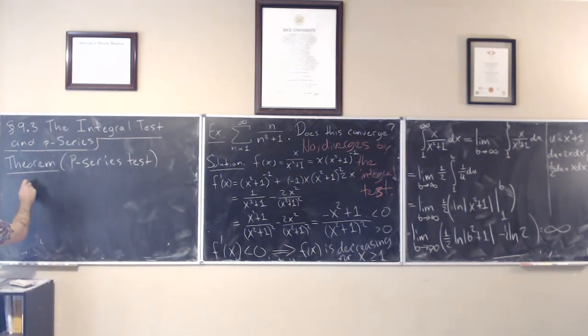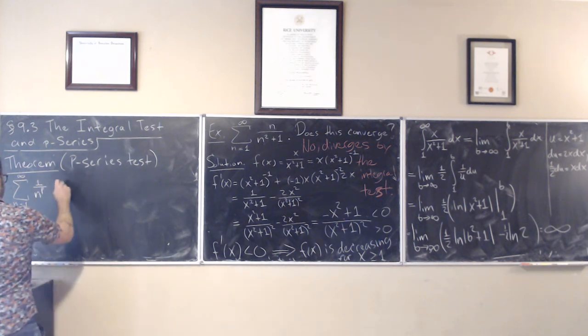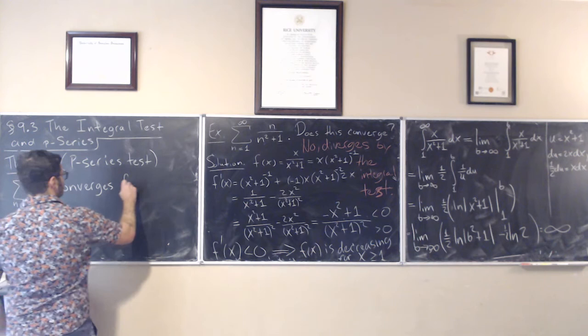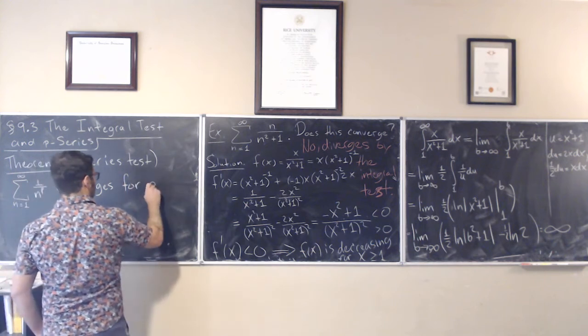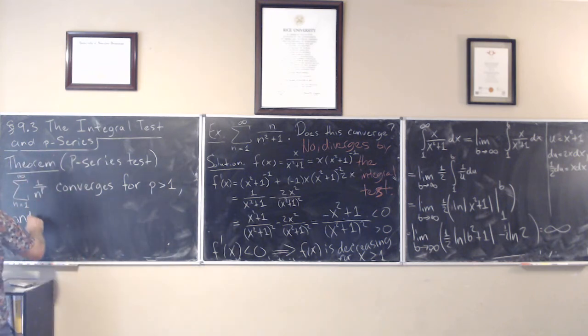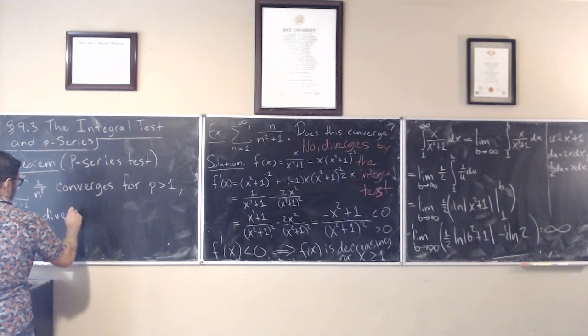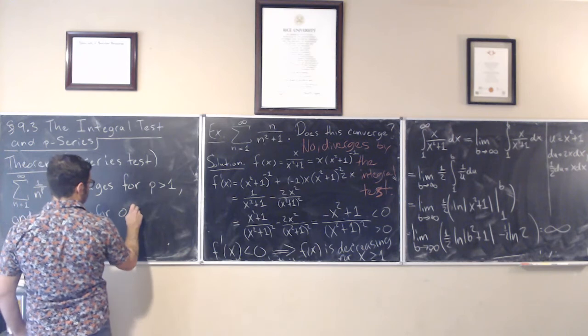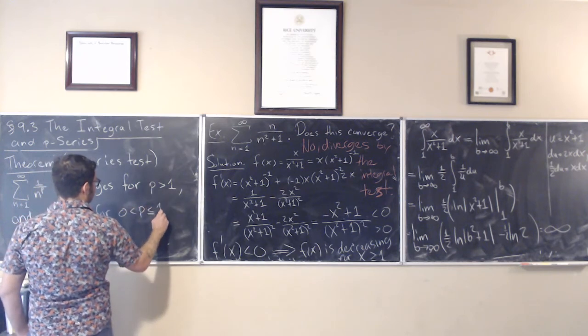All this states is that the sum from 1 to infinity of 1 over n to the power p converges for p greater than 1 and diverges for 0 less than p less than or equal to 1.